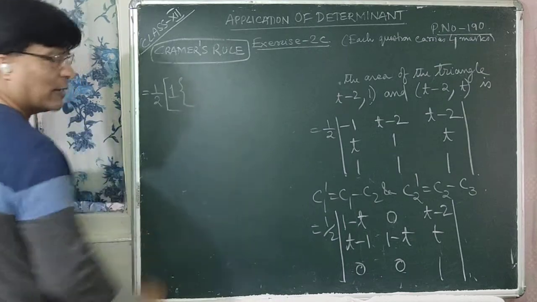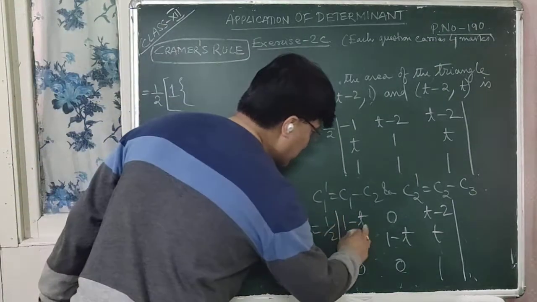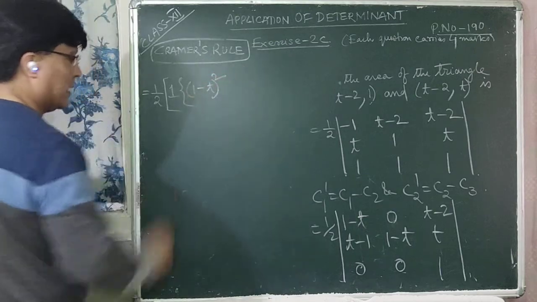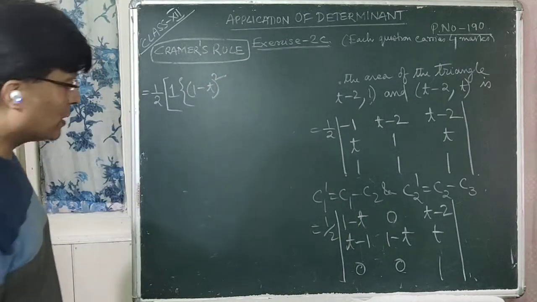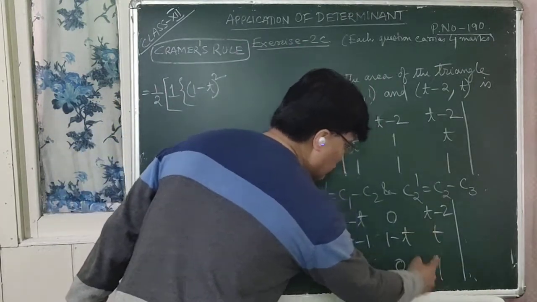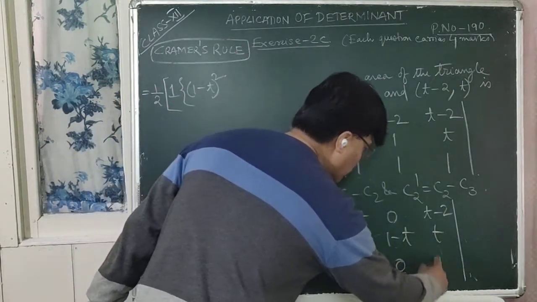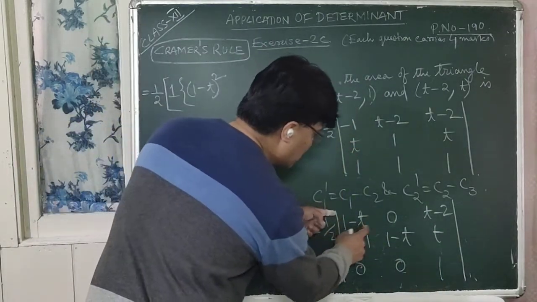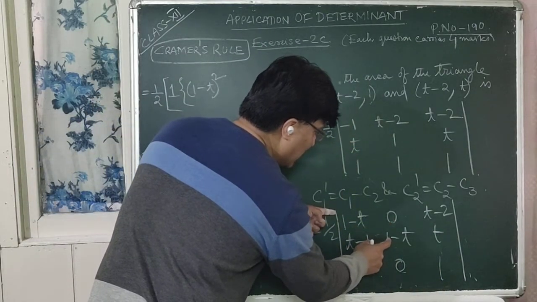Now we have to cross multiply. 1 minus t into 1 minus t. That is 1 minus t whole square. If you take this 1, you have to delete the row and the column through the element 1. That is, third row and third column are deleted. So what remains? 1 minus t, 0, t minus 1, and 1 minus t.